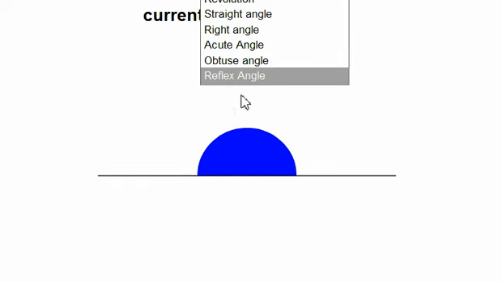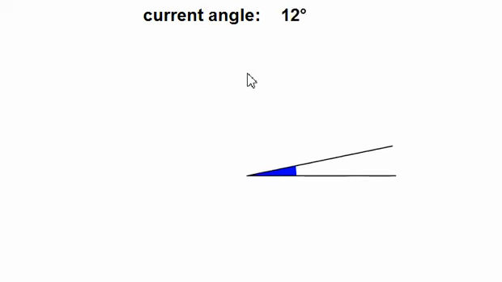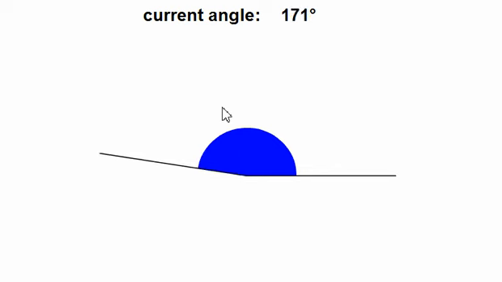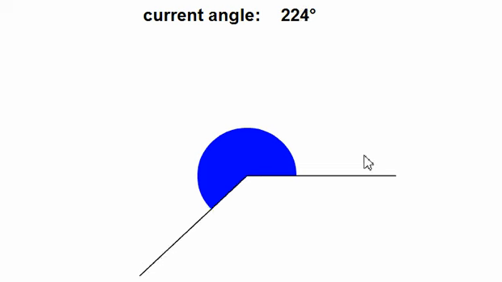Nevertheless, if the angle continues down here, it's called a reflex angle. And we can have even further an angle that goes beyond this reflex point, back where it started, and continues up to here, it's reflex.